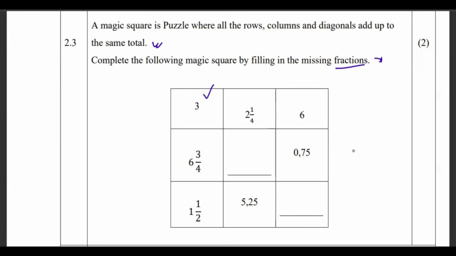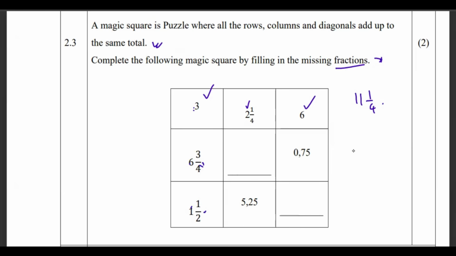Meaning that if we have 3 plus 6, that's going to be 9. 9 plus 2 quarters is going to be 11 and a quarter. And then looking at this, 3 and 6 is 9 plus 1, that is 10. And we're also going to have 11 and a quarter because of these two.